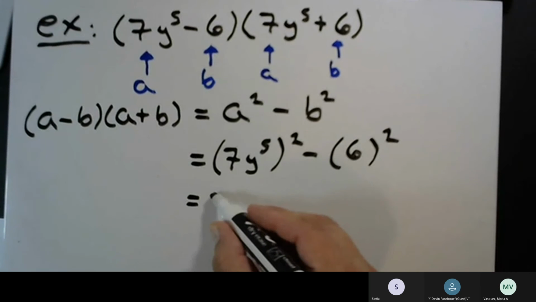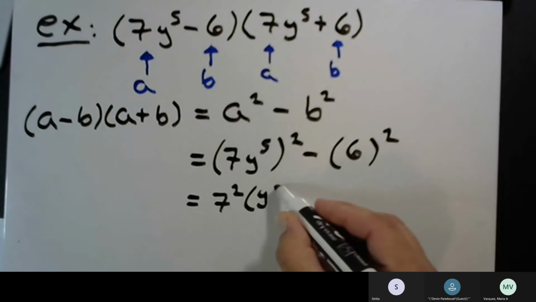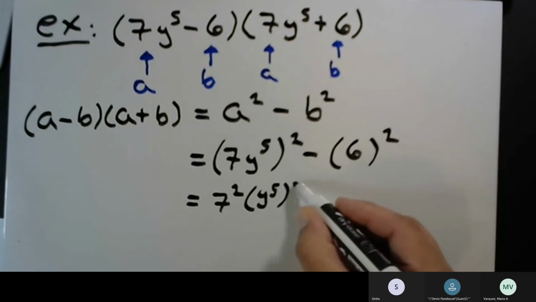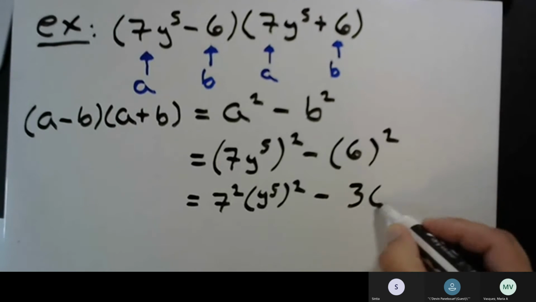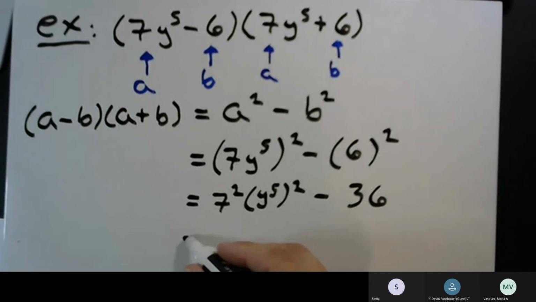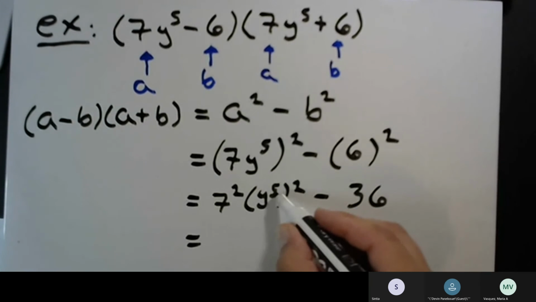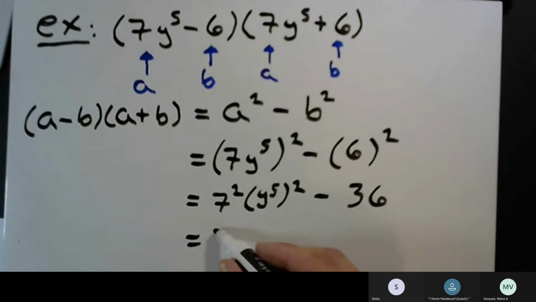So we're going to distribute our 2 as an exponent. And 6 squared is going to be 36. And when we're taking the exponent of an exponent, now 7 squared is 49.